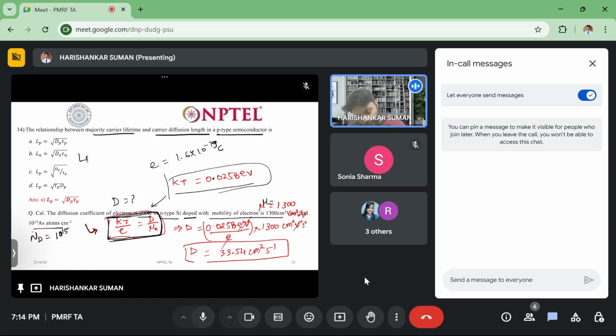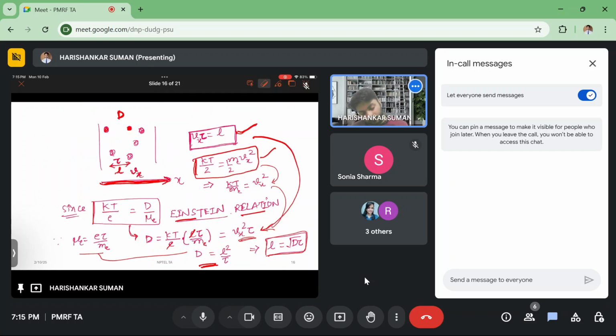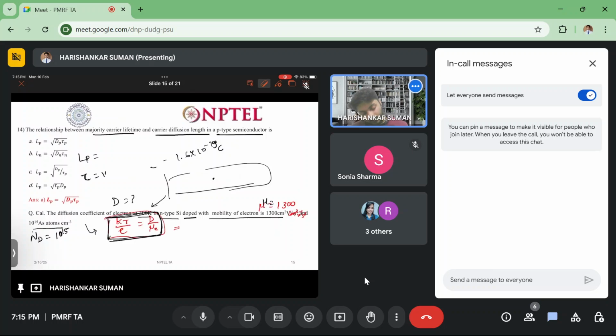You have to find the diffusion length here if the lifetime of the charge carrier is around, let's say, 10 microseconds, that is 10 to the power minus 6 second.